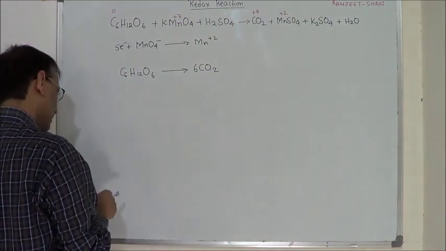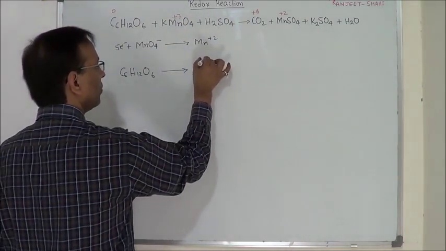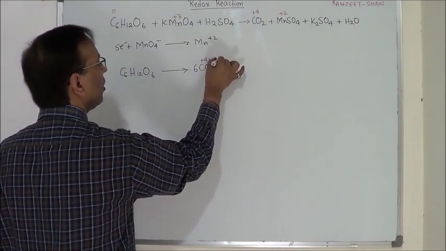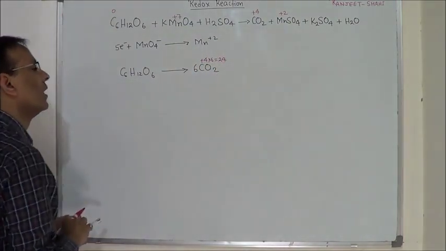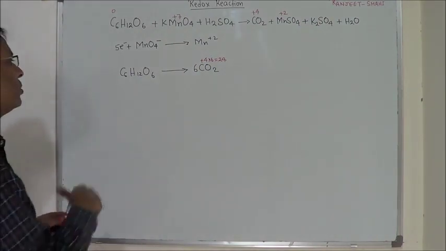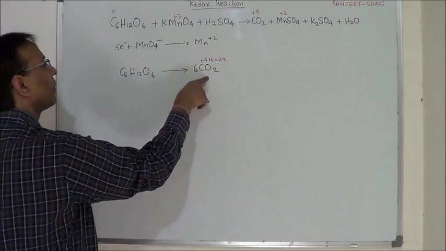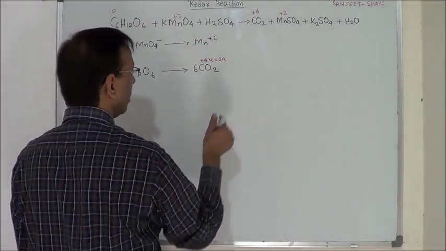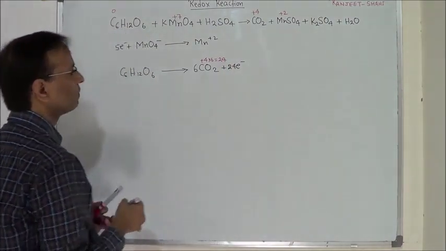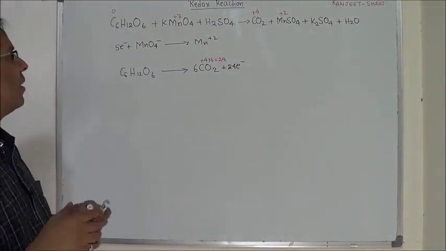So for 6 carbon, plus 4 into 6, 24. So 0 to 24, so 24 electrons will be added on the right side. So oxidation number is now balanced.